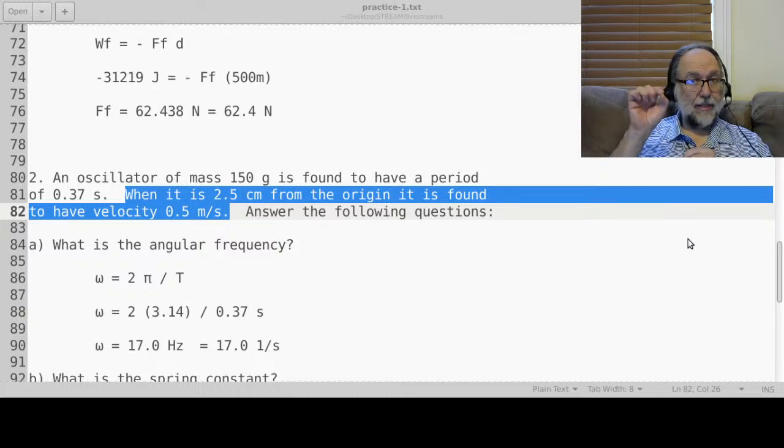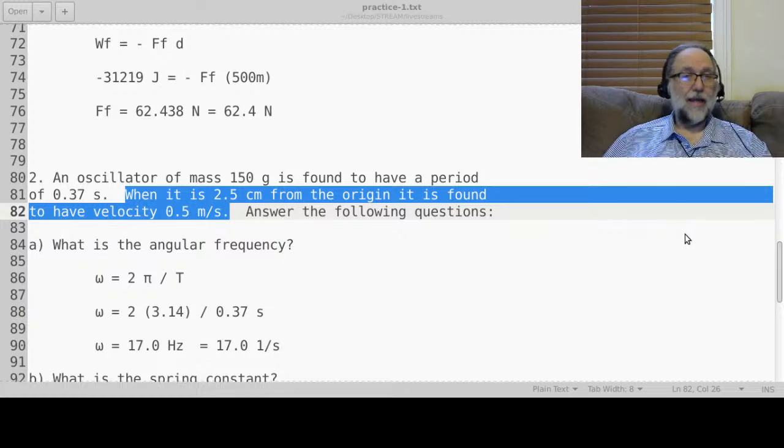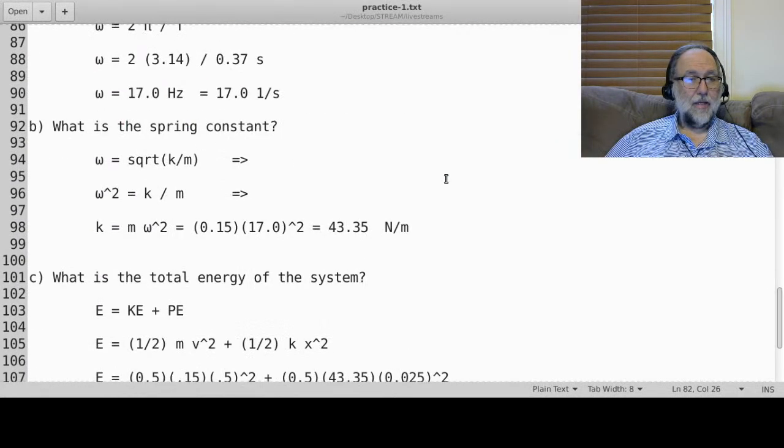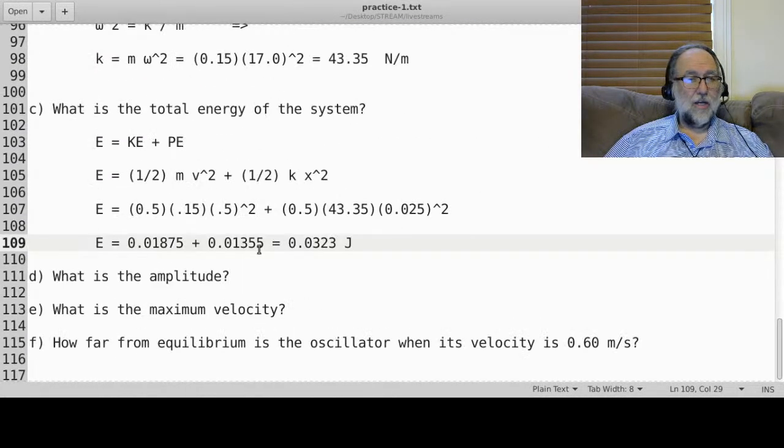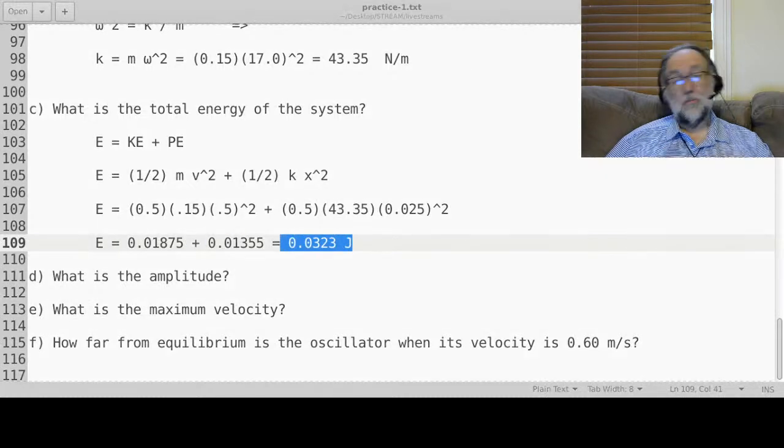It's only an instant, but that's good enough that you now have enough information to calculate the energy at that instant in time. There's the kinetic energy part, there's the potential energy part, and when you put them together, it turns out to be a small energy, but not zero, obviously: 0.0323 joules.